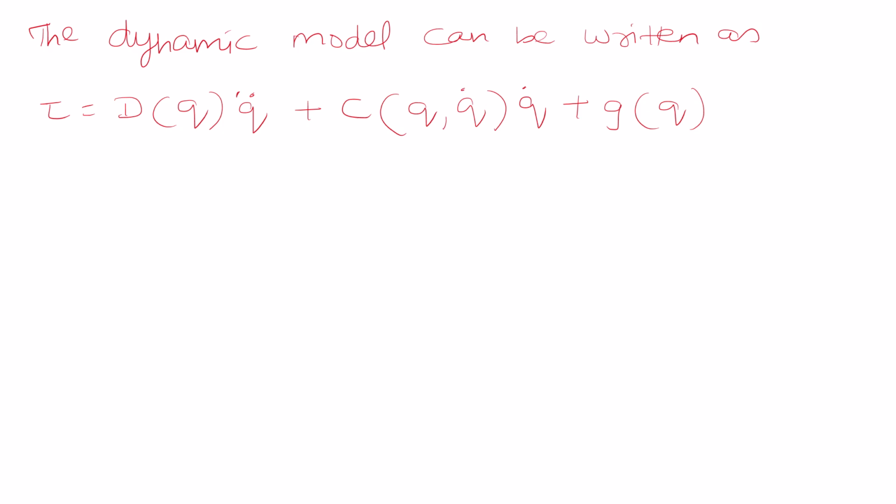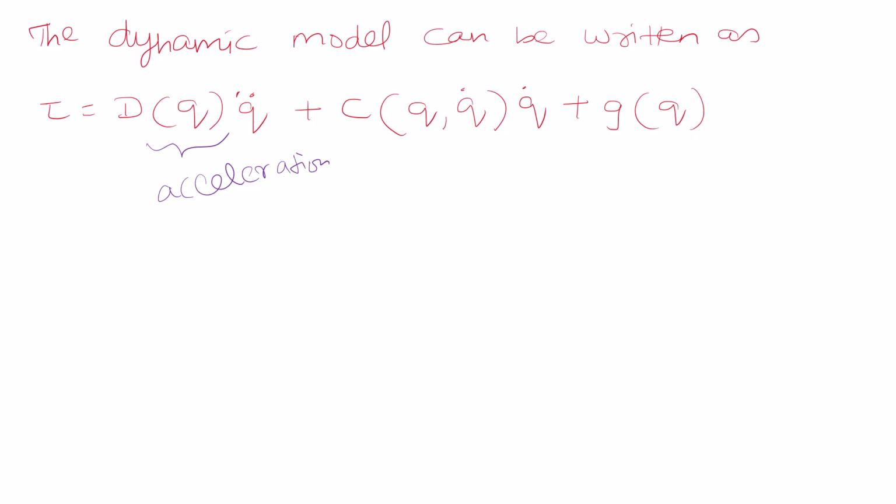The dynamical model can be written as tau is equal to D of q, q double dot plus C of q comma q dot plus G of q. D of q is the acceleration term, and it describes the inertia.